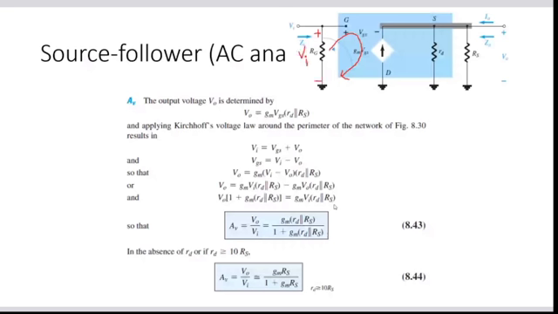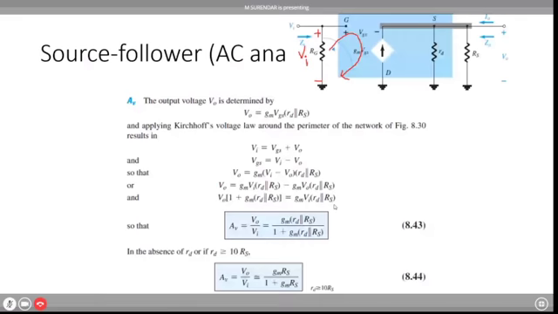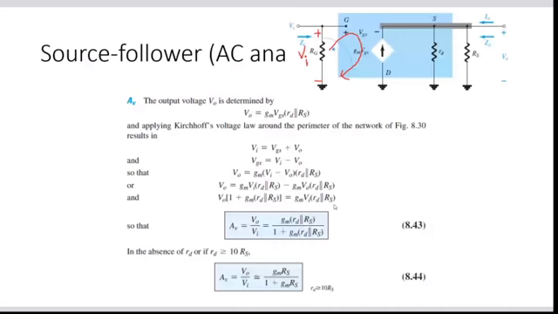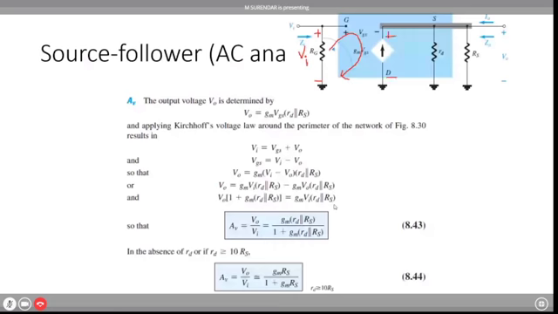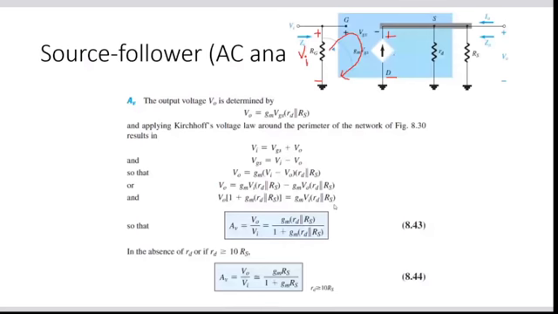So the equation is VI minus VGS minus V naught, because the voltage drop across here is V naught, since it is in parallel, and in parallel the voltage drops are the same. So VI minus VGS minus V naught. On rewriting that equation, we have VI is equal to VGS plus V naught.